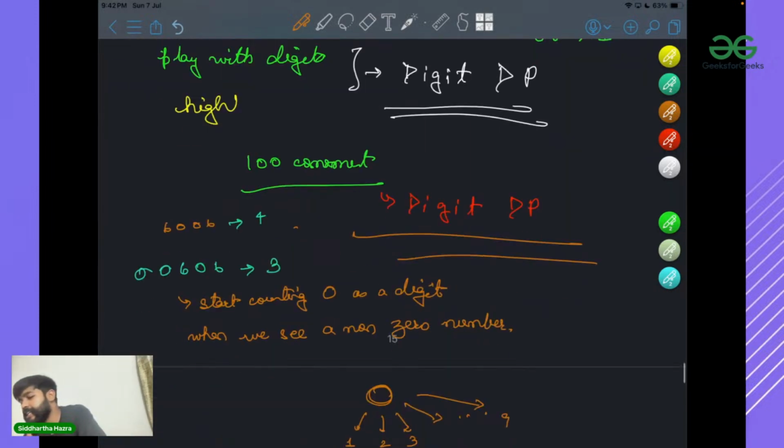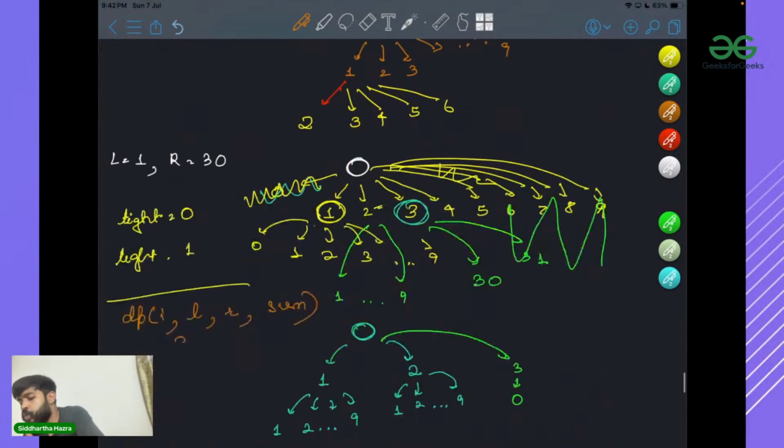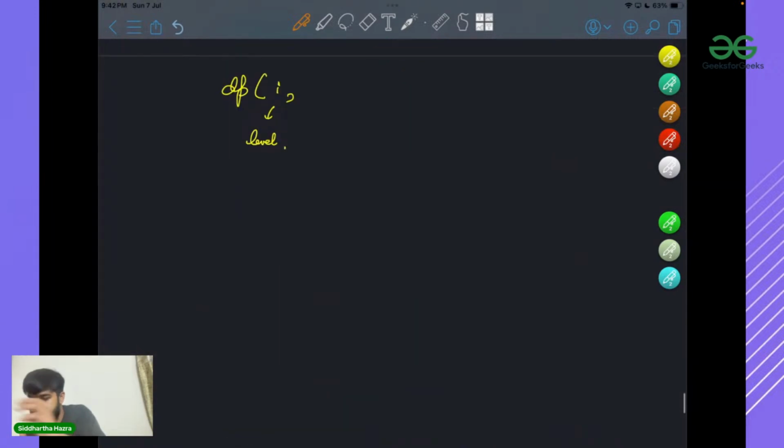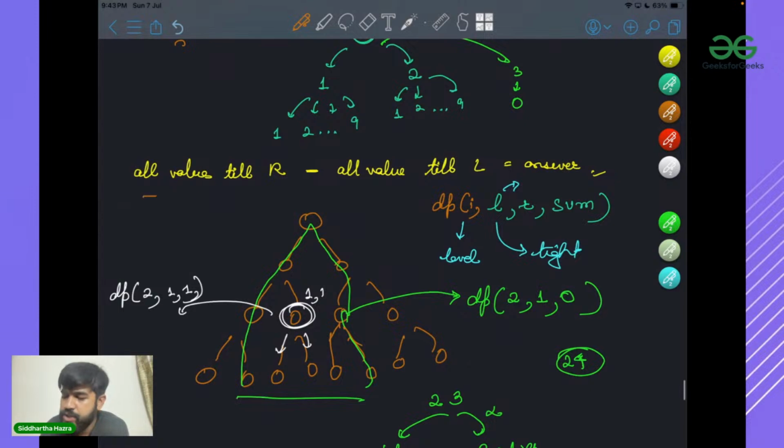Okay, so that is why we would introduce one additional parameter here. We don't really need the value of L and R over here, because we are still taking care of only one side. We only need to take care of this side. This side we are free to go till the value of zero.